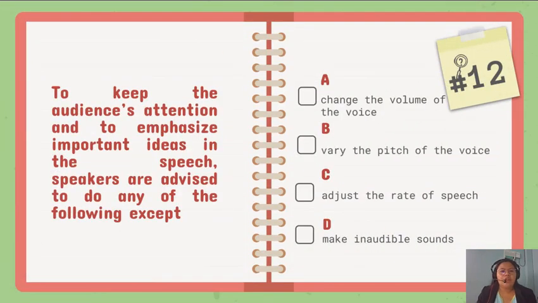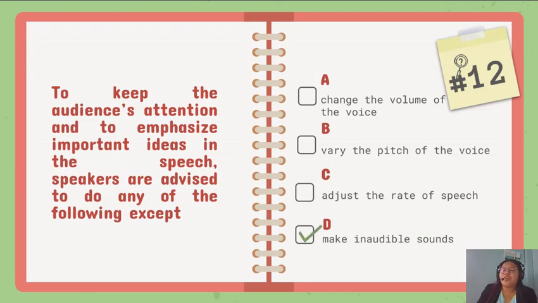Number 12. To keep the audience's attention and to emphasize important ideas in the speech, speakers are advised to do any of the following except A. Change the volume of the voice, B. Vary the pitch of the voice, C. Adjust the rate of speech, or D. Make inaudible sounds.